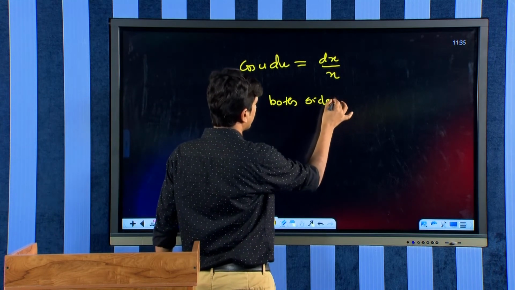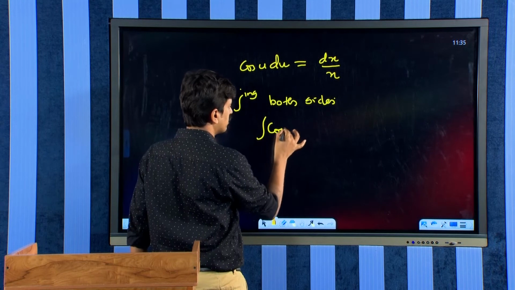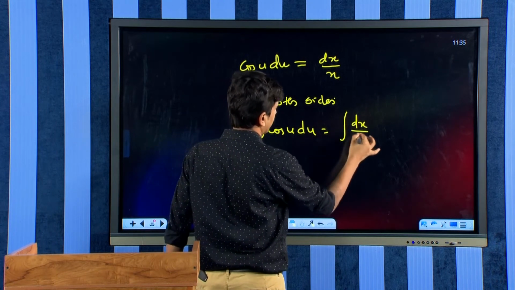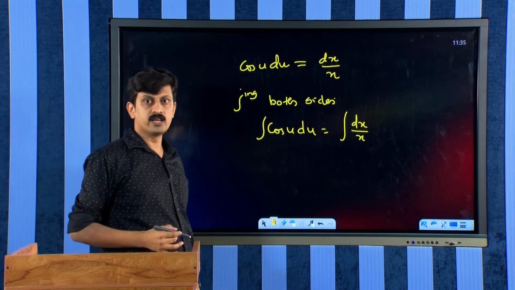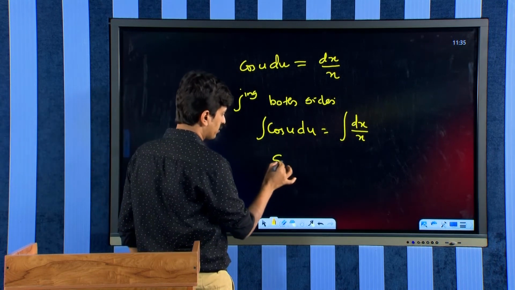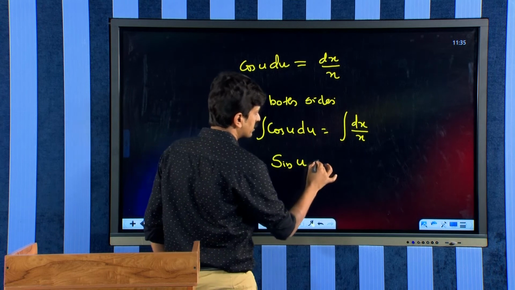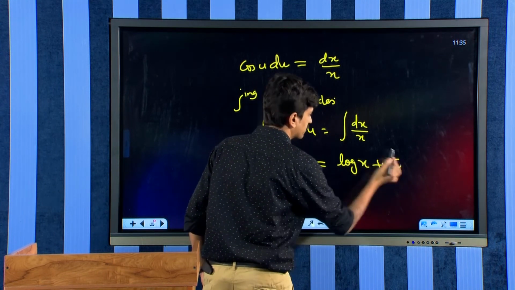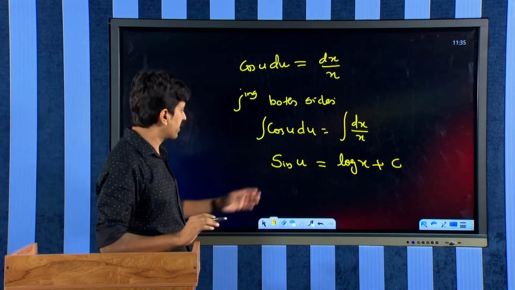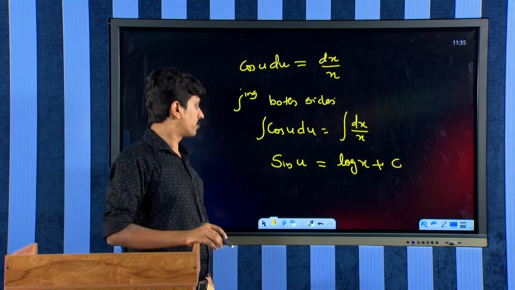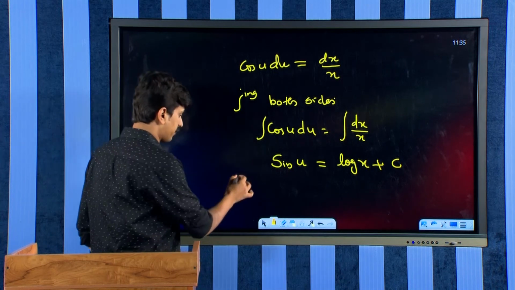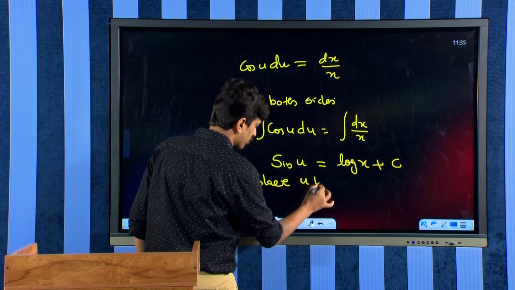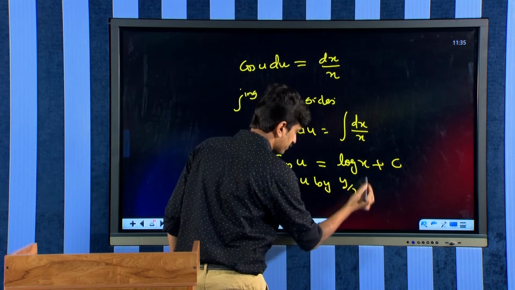While integrating, the integral of cos u du is equal to the integral of dx by x. The integral of cos u is sin u, which is equal to log x plus c. So, we can replace u by y by x.